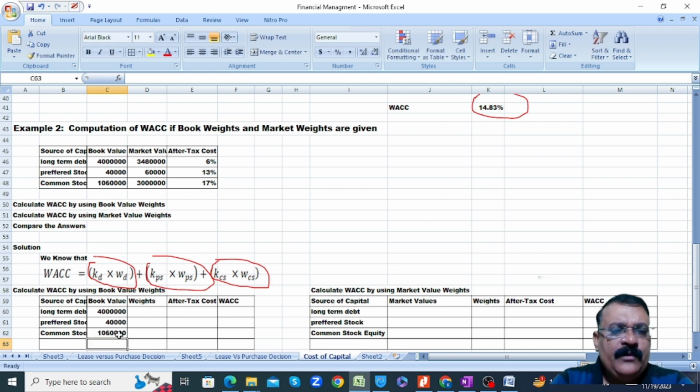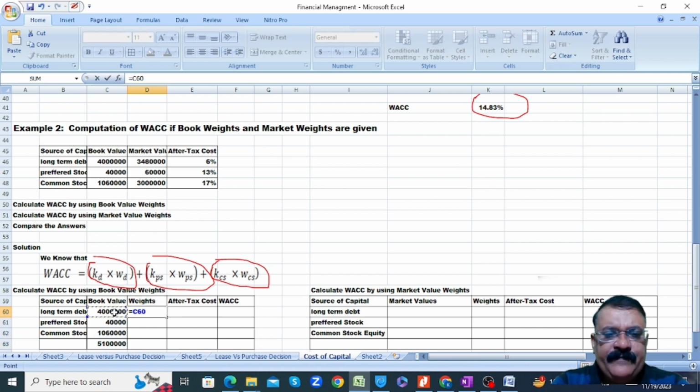Now we will compute, we will have some sum of all these sources of funds. Now we will compute the weight: total debt divided by total capital structure, then total preferred stock divided by total capital structure, and common stock divided by total long-term funds or total capital structure.